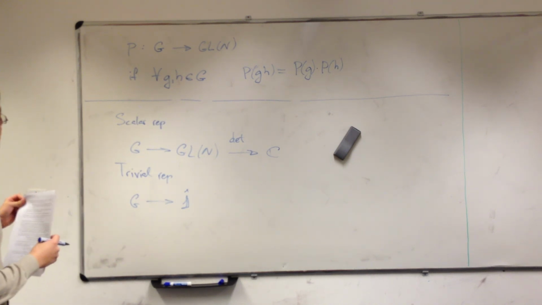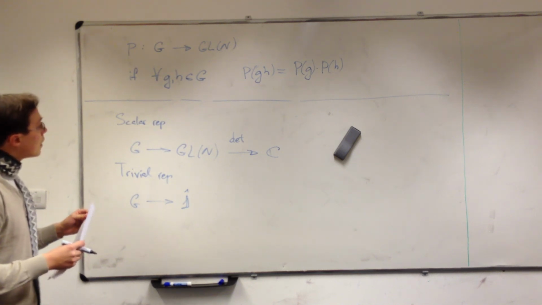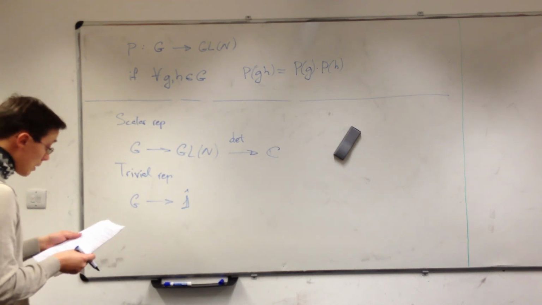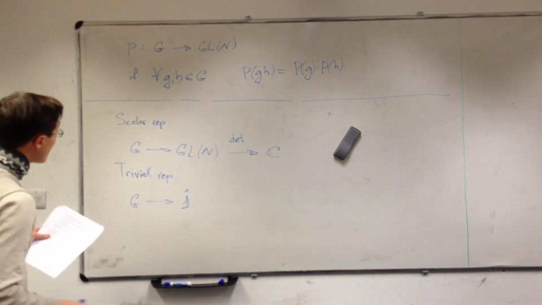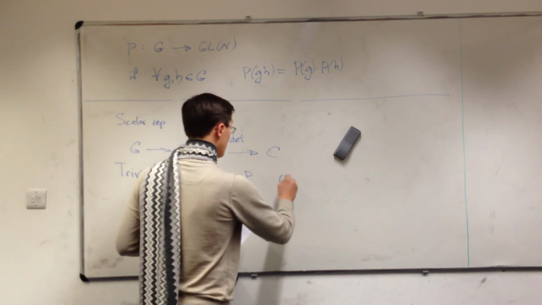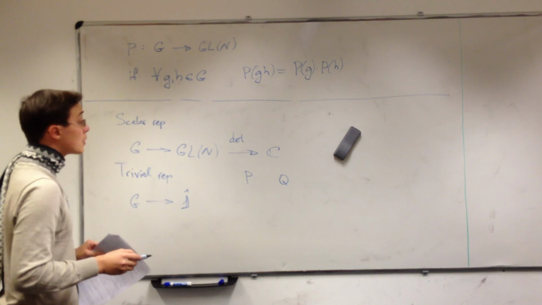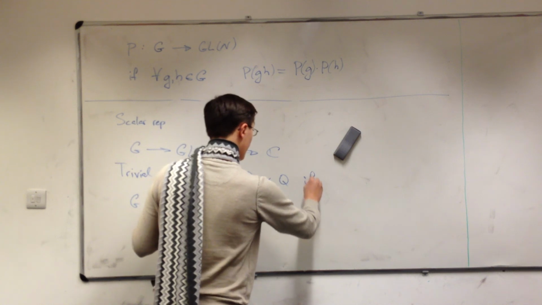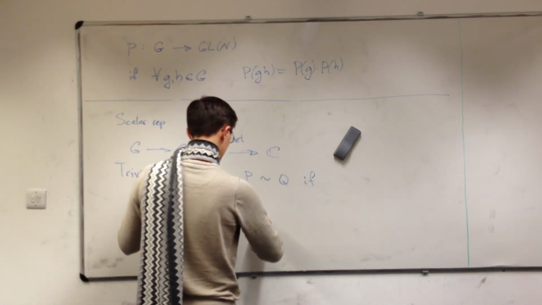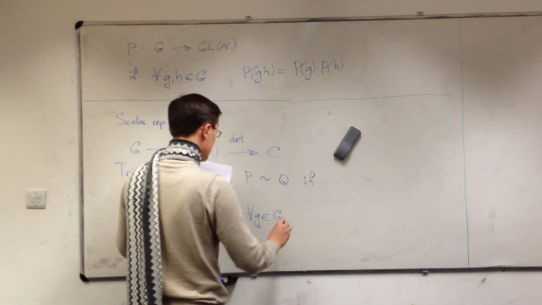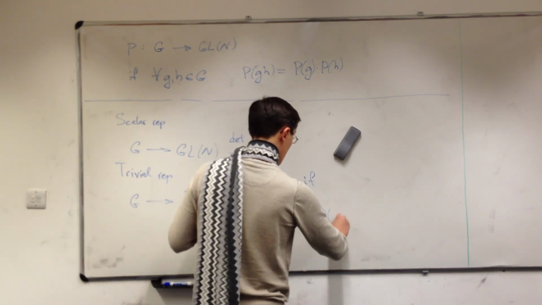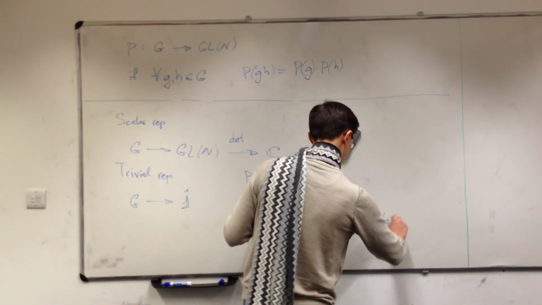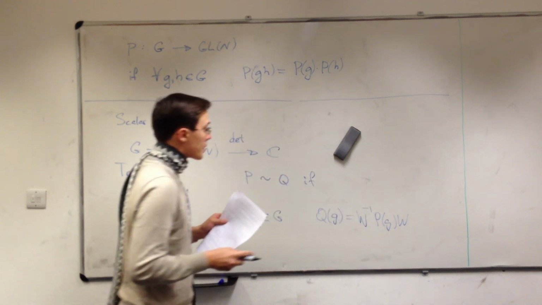Right. Another definition, you see we mostly do definitions here and perhaps connections to the practical realities of magnetic resonance calculations, of equivalence of representations. So if we have P and Q, they are two representations of the group G of the same dimension, then P is equivalent to Q if for every G in the group there exists some similarity transformation such that Q(G) is a similarity transformation away, so omega minus 1 P(G) omega from a P representation.